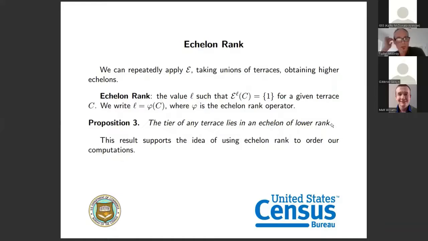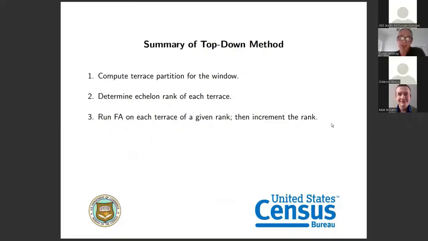And so this proposition supports the idea of using echelon rank to order the computations. So in summary, what we would do is compute the terrace partition for the window, determine the echelon rank of each terrace, and then run FA on each terrace of a given rank and increment the rank.